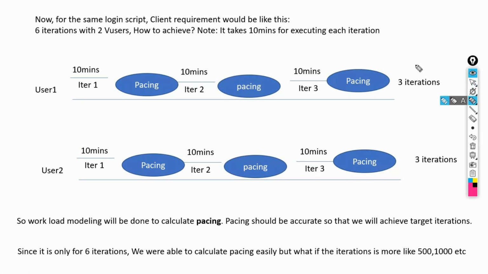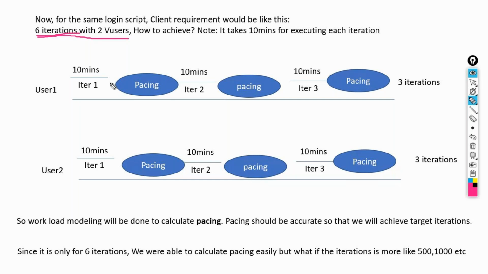Now in this different requirement, the client gave this input: 6 iterations with 2 users. In the previous examples, the client did not mention anything about users. Here, the client explicitly mentioned users.